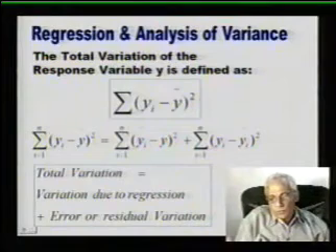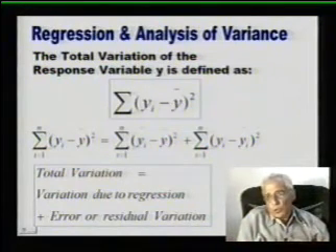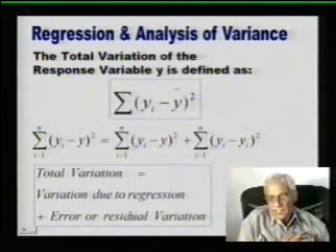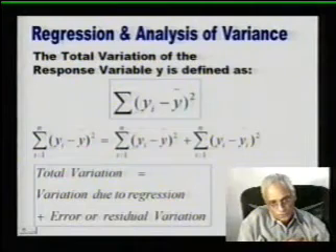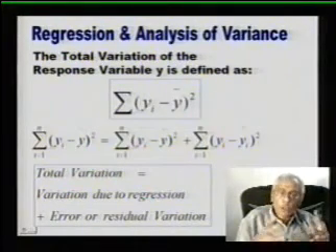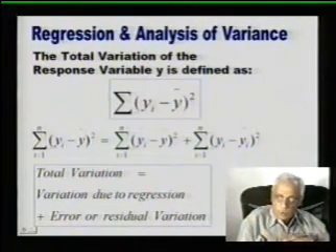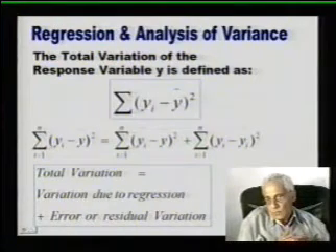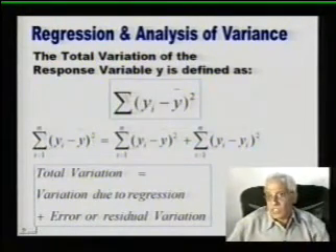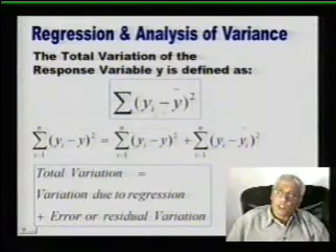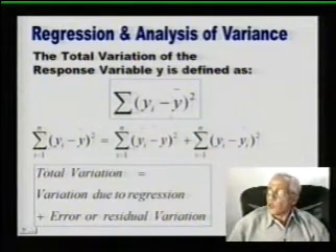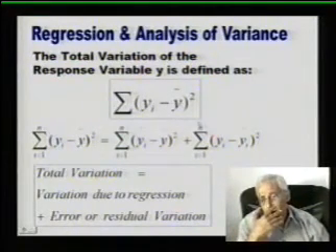This immediate issue introduces us to the analysis of variance, as I just mentioned. The total variation of the response variable, y, is defined by the sum of the square of the individual values of y minus the average.